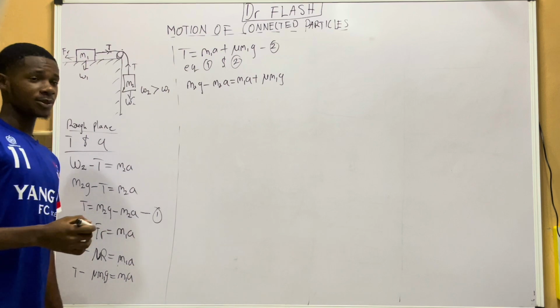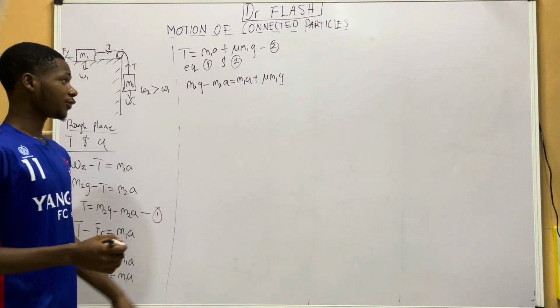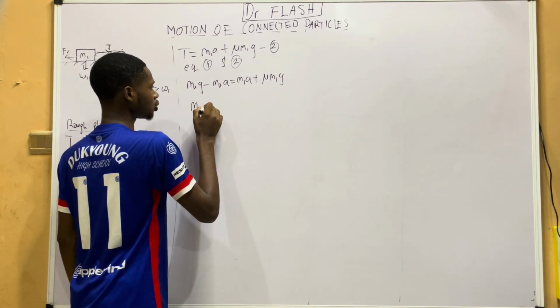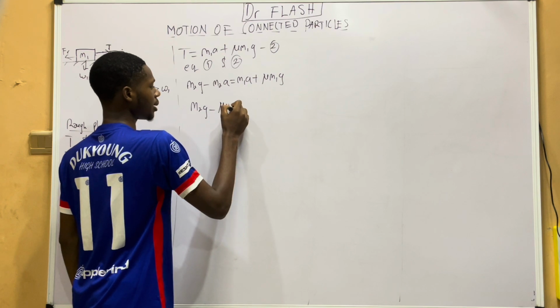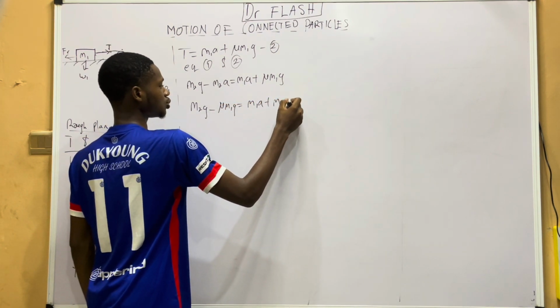Now, what we want to do here is make acceleration the subject of the formula, because we have to find tension and acceleration. So we want to find acceleration first. We're arranging this equation. We can take this to this side. We get m2g minus mu m1g, and that equals m1a plus m2a.